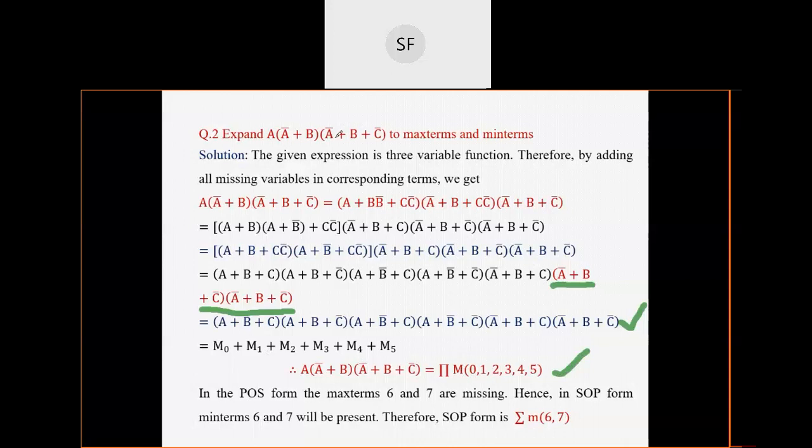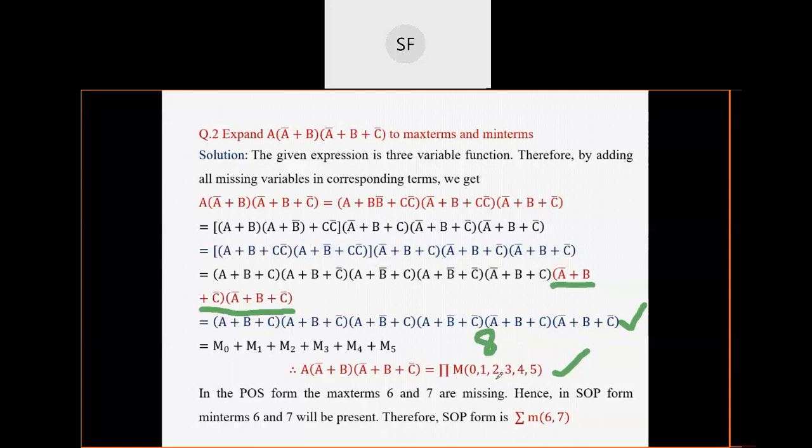But since this is a 3 variable expression, the total possible max terms were 8, but out of it you got only 6 here, 0 1 2 3 4 5. So 2 are remaining, so 2 max terms are missing here.